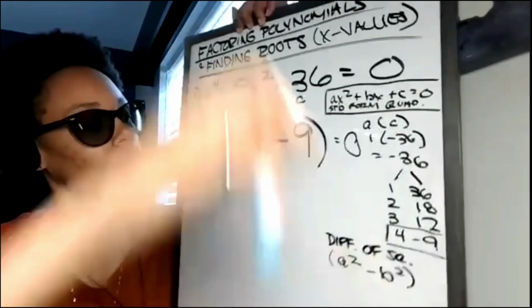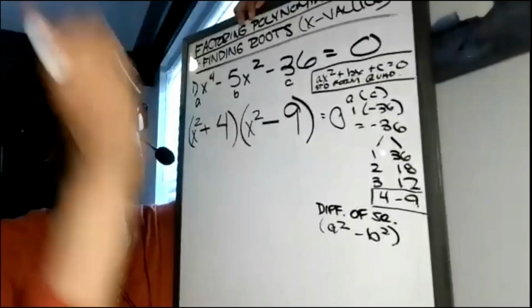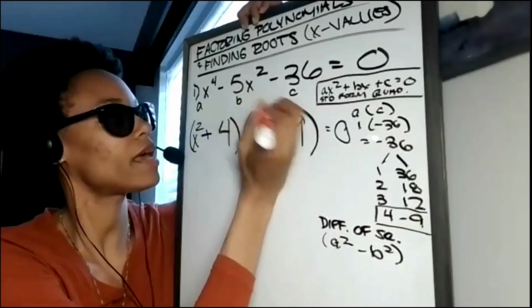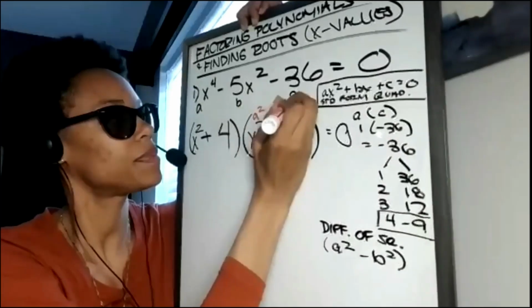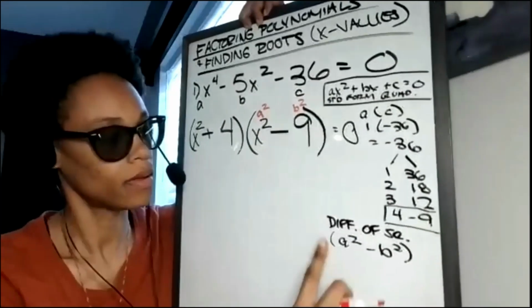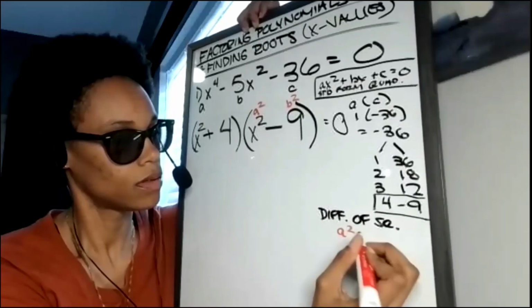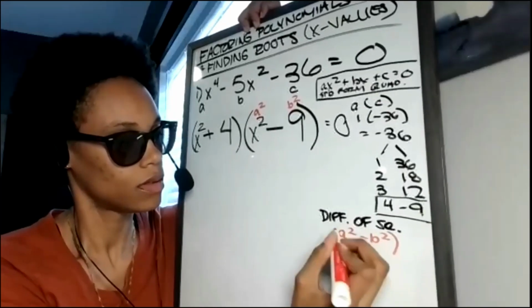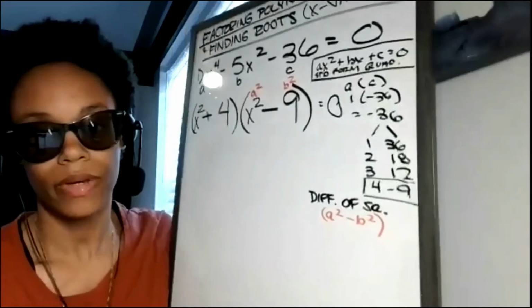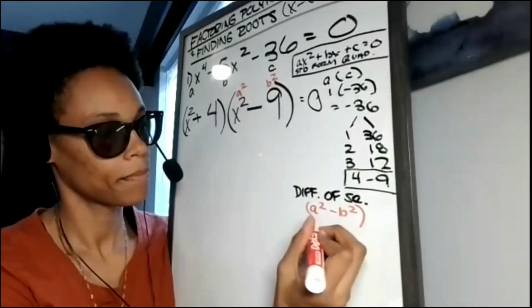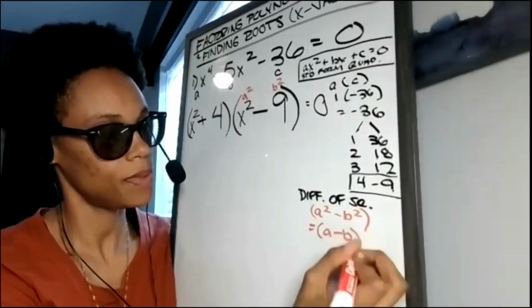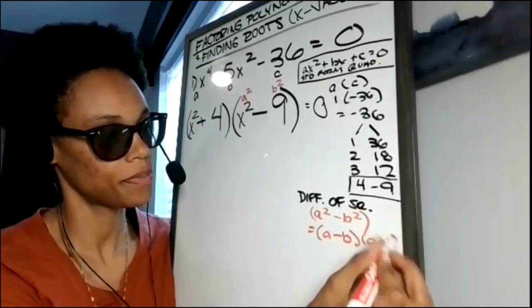Maybe I'll change up these colors so we don't mix up which I'm talking about. So this is a squared, this is b squared, and that can be rewritten as a minus b and a plus b.